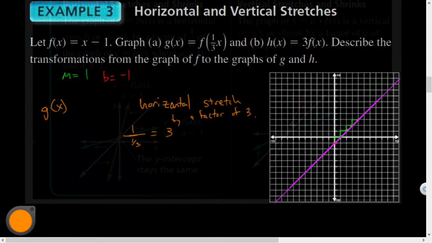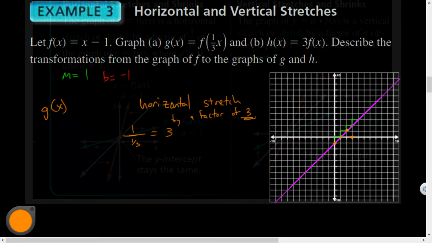So watch what happens here. It said the y-intercept stays the same. Here's the point 1. What is 3 times 1? Well, that's 3. So my new point is going to be there. Y-intercept stays the same. Here's its x-coordinate, 2.